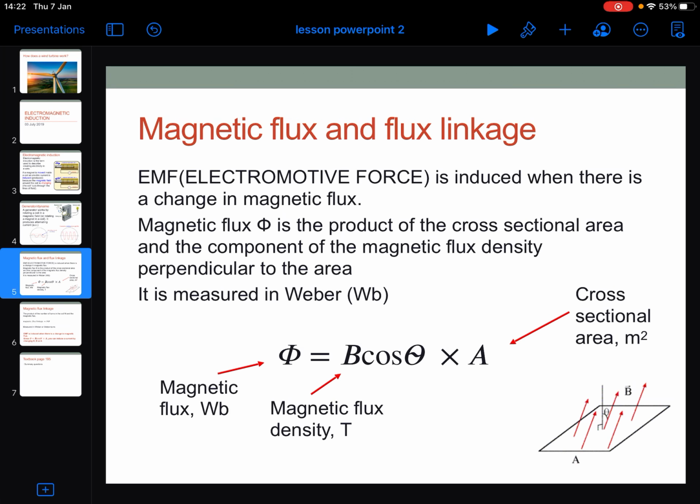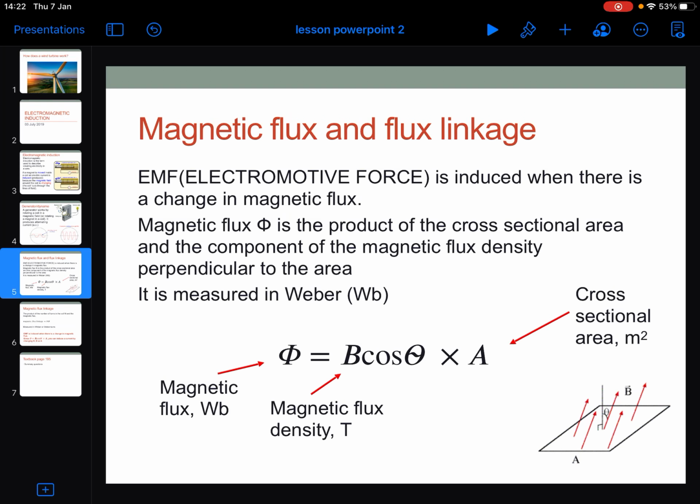So you see that B cos theta. What you're doing there is saying, okay, fine, you've got a general amount of magnetic flux density. How much is at the right angle for us to use? So that's that. Times the cross-sectional area. Now, what that refers to is the cross-sectional area of whatever conductor you are trying to create electricity in. So if it's a coil, what's the cross-sectional area of your coil?